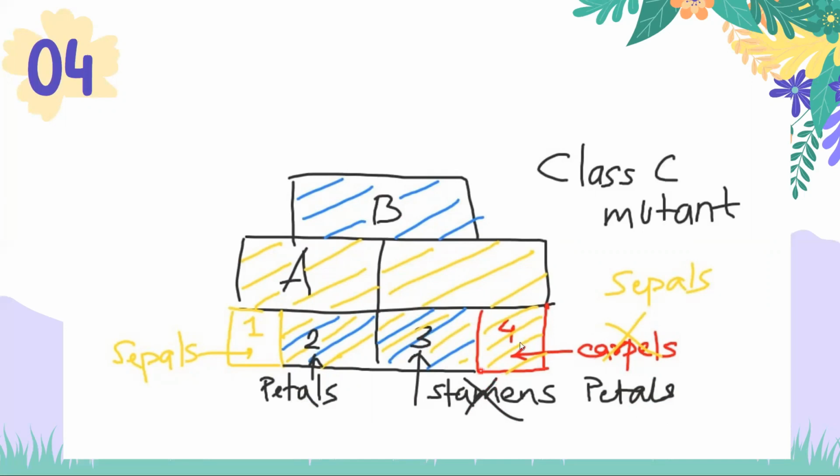And the fourth whorl, if it had B, it would look like a carpel. But since there's no B, what it looks like is a sepal. So you have sepals, petals, petals, again sepals. So this is what you get.